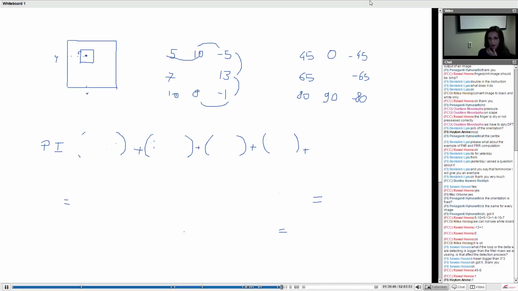Okay, we compute. So the first difference, some of you already provided it, it's 45 minus 0. So we have here 45 minus 0, which is 45.